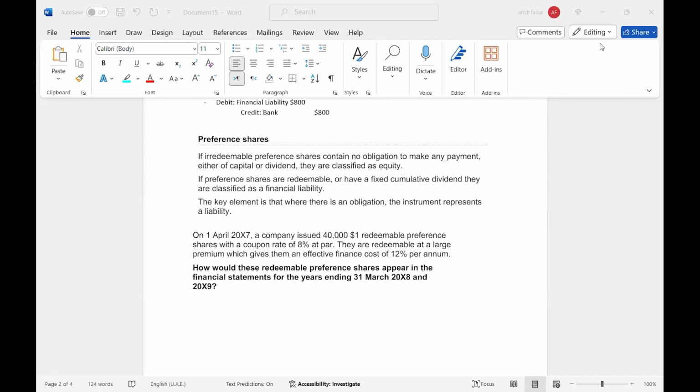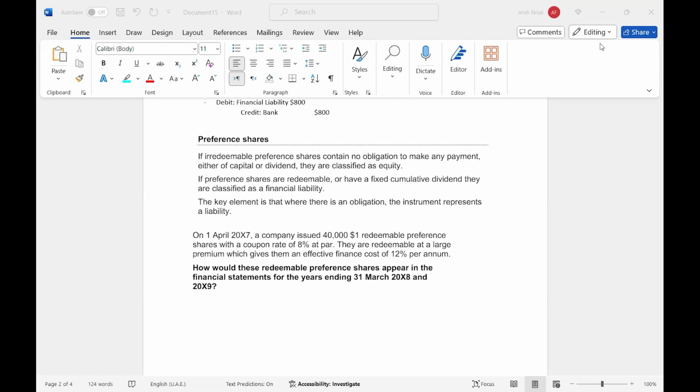Irredeemable preference shares means that you will not be getting the principal amount. However, there can be an option where you get a dividend every year forever, in perpetuity. If that's the case, then again it becomes a financial liability for the company and the accounting treatment remains the same. However, if the directors or the company are under no obligation to pay the dividends, then it becomes equity.